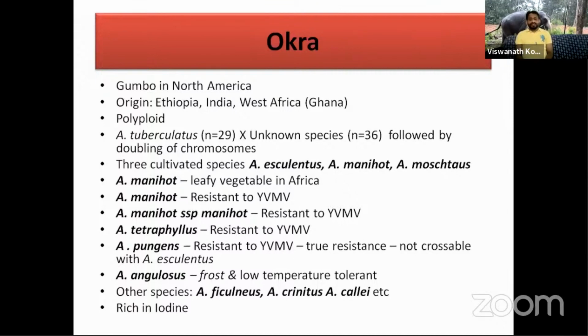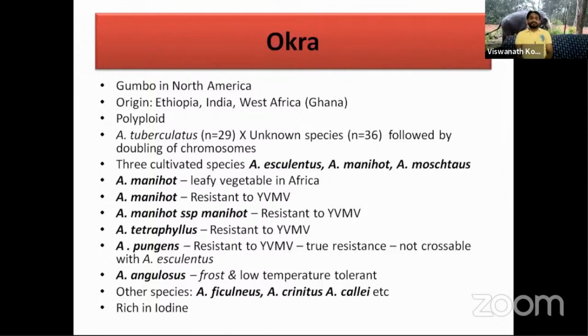That's why Pusa Sawani, Arka Anamika, Kabai, Punjab Padmini, Parbhani Kranti, a lot of YVMV resistant varieties were developed using these three species as a source of resistance, but eventually they lost the resistance due to lack of true resistance in the source, and at the same time the development of new variants in the virus.